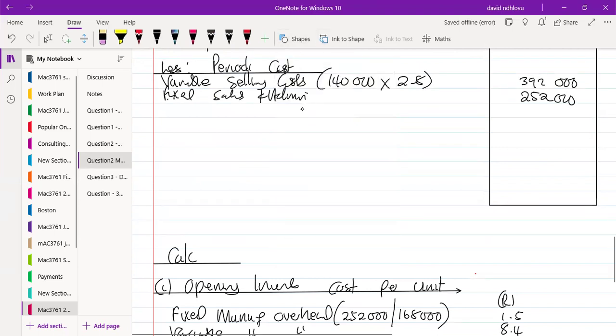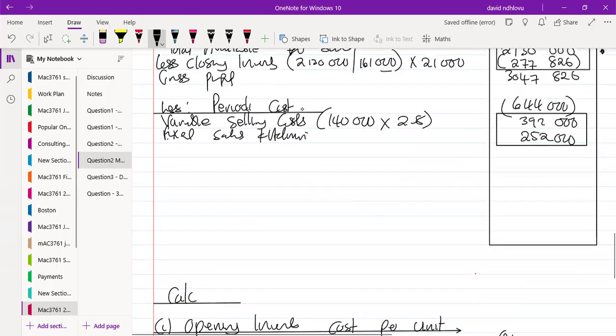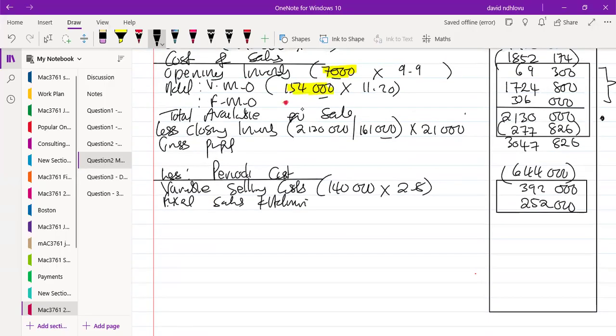Right, then we simply add those two. 392,000 plus 252,000, we are going to get 644,000. Right, deduct that from gross profit. Then you are going to have a value of 2,403,826, and that is our net profit.